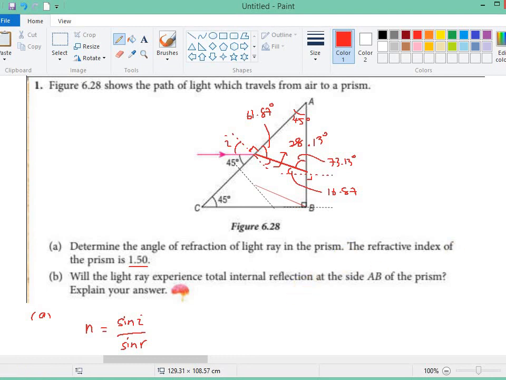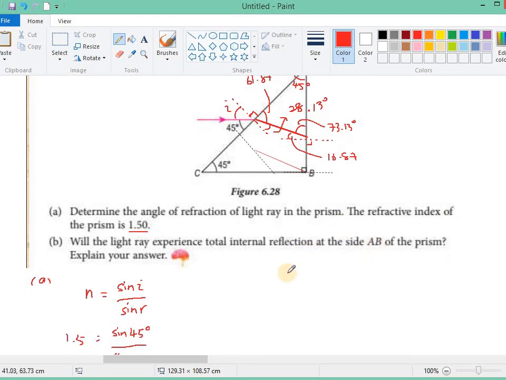So will it undergo total internal reflection? Obviously no. Will the light ray experience total internal reflection? No. Explain your answer.